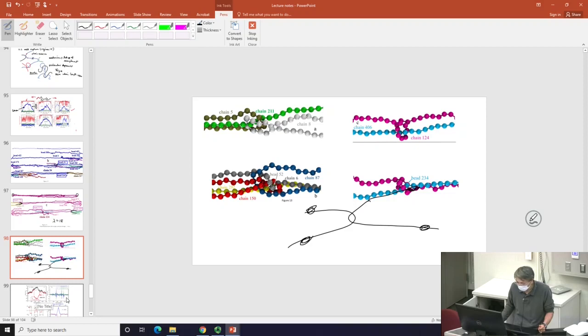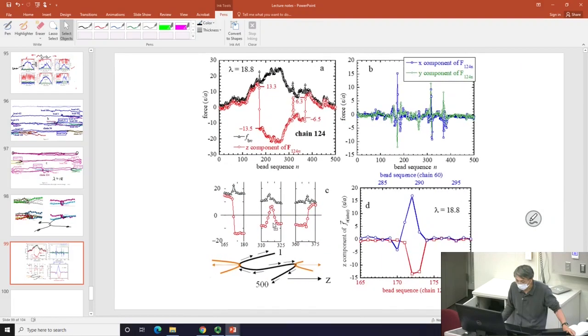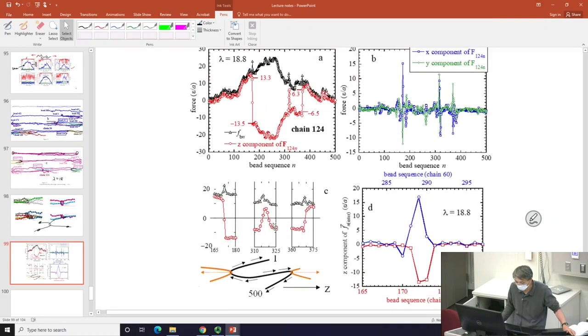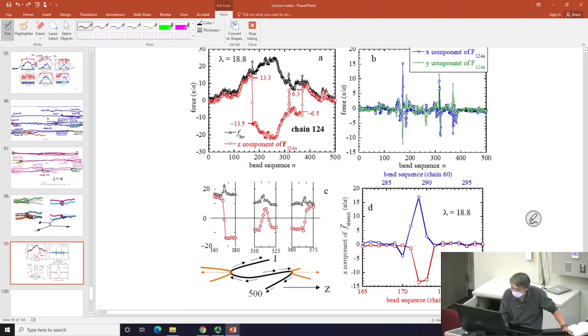And I think I will just be quick on this, telling you the most interesting part of the story. That's this. So what the student Yexing did was try to visualize why this particular chain builds so much chain tension.